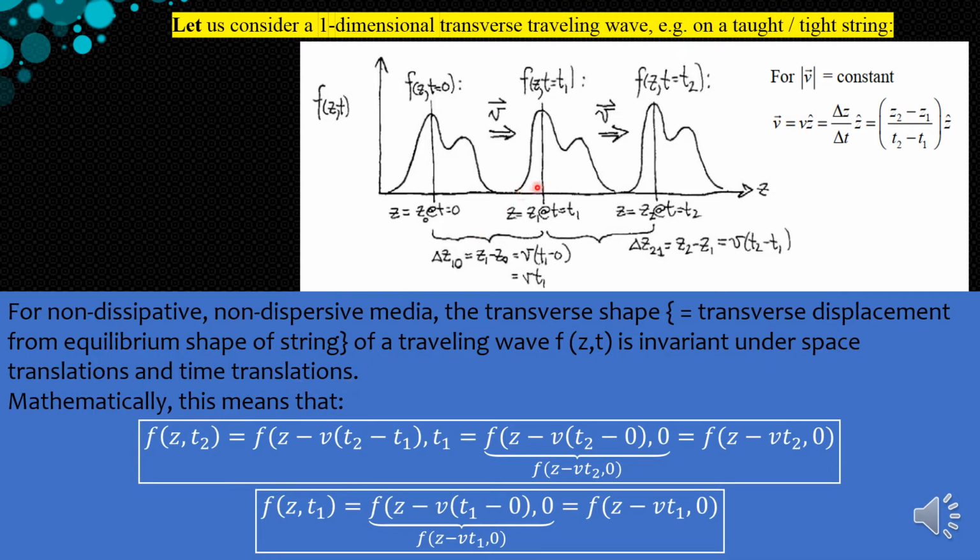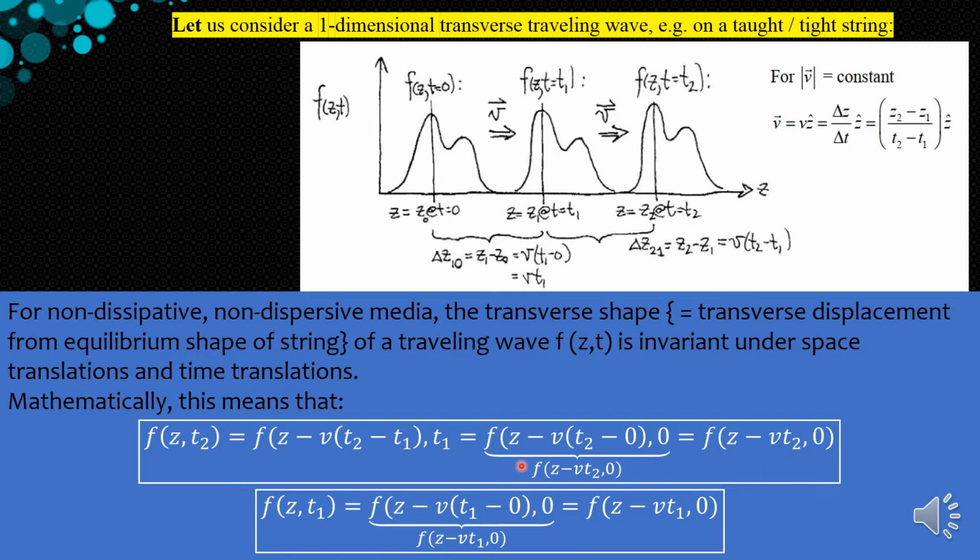If we want to calculate the transverse displacement from the 2 points, then it will be equal to f(z,t2) = f(z - v(t2 - t1), t1) = f(z - v(t2 - 0), t1 = 0) = f(z - vt2, 0).